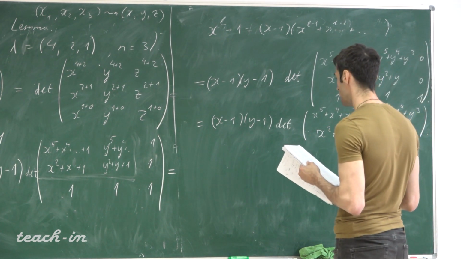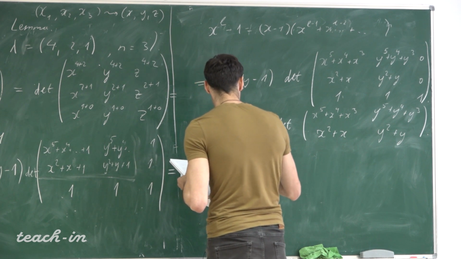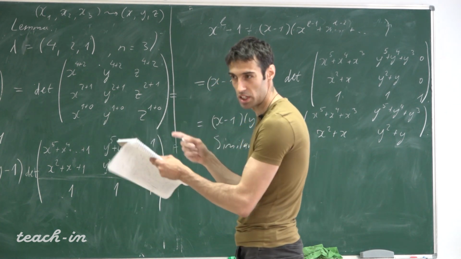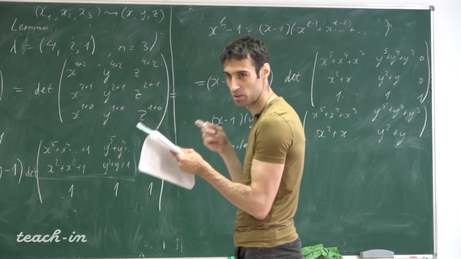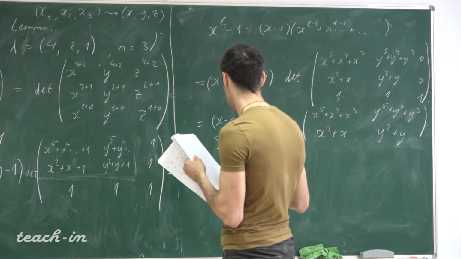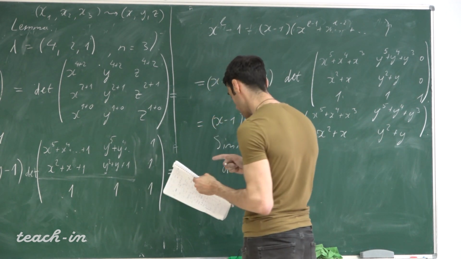So actually, similarly, we can write, just doing the same type of operations, elementary row and column operations. That's the only thing that we are doing. We can rewrite the Weyl denominator, the denominator in S lambda.